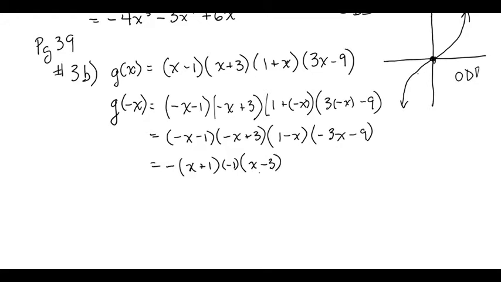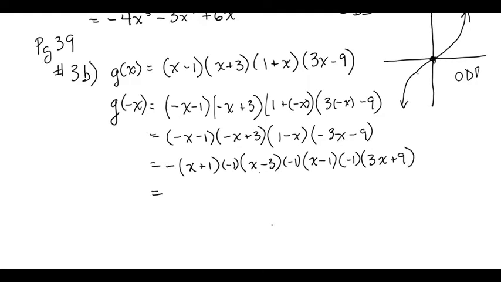Factor negative 1 out of this factor, this is going to turn into a negative, this is going to turn into a positive, so if I reverse the order, it's going to look like this. Or I could have left it as negative 1 plus x. Factor negative 1 out of this factor, sorry, and it turns that bracket into a negative.